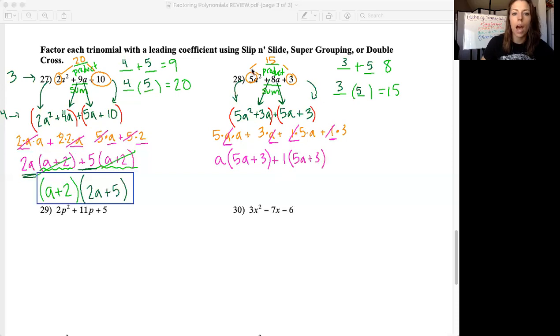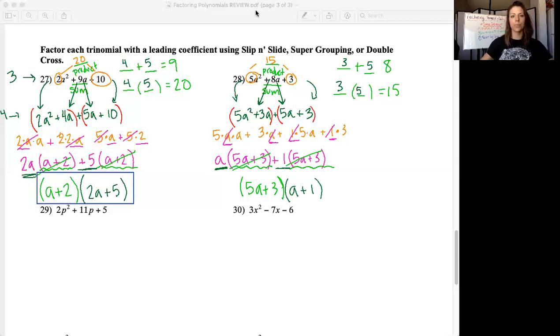Our common binomial factor here is 5a plus 3, so that's the first binomial in our final answer. And when we factor that out, we are left with the GCF of our two binomials, which is a plus 1.